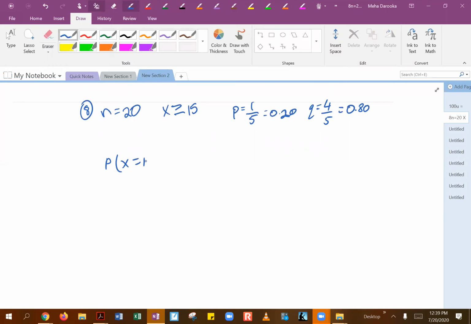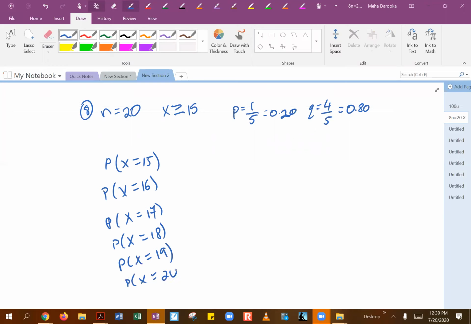Okay, so for x equals 15, for x equals 16. You can start looking at these if you want in your table and give me the answers for each of these probabilities. Let me see what you come up with.